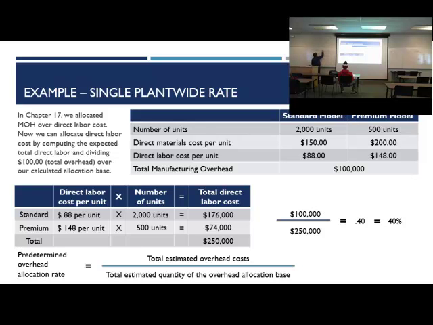And manufacturing overhead? How do we calculate that? .40 times what? Cost driver. What's the cost driver? What's the cost driver? Direct materials, direct labor?